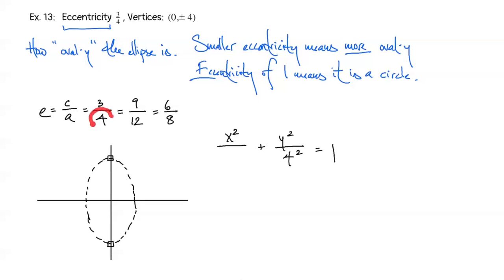But if 4 is that eccentricity, 3 must be our c value. And so we're going to get 4 squared equals 3 squared plus the number under x squared. And we'll get 16 minus 9 is 7 equals a squared, or the number underneath x will be square root of 7 squared.